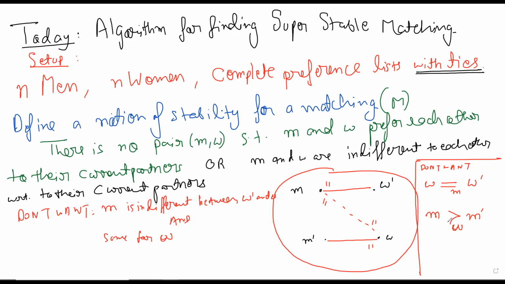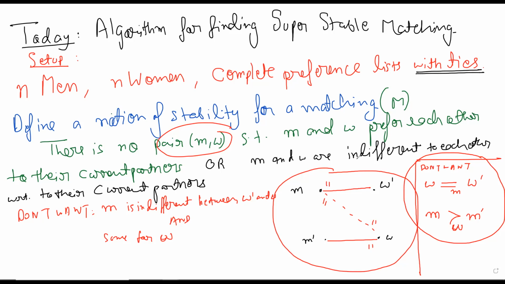So the first situation was if both M and W benefit from leaving their current partners, then that's obviously unstable. Even if one of them benefits from leaving and the other does not lose anything, then also it's unstable. Or if both don't lose anything, then also it is unstable. So it's a very harsh condition.